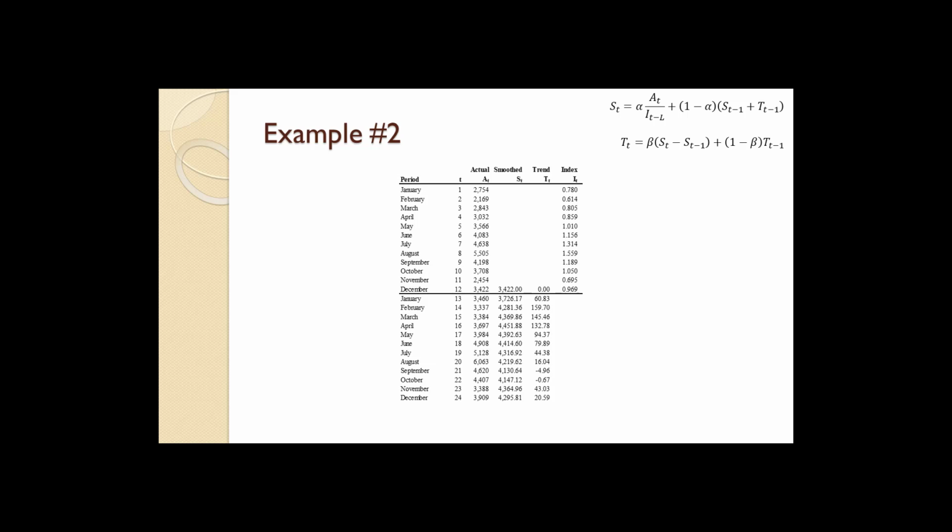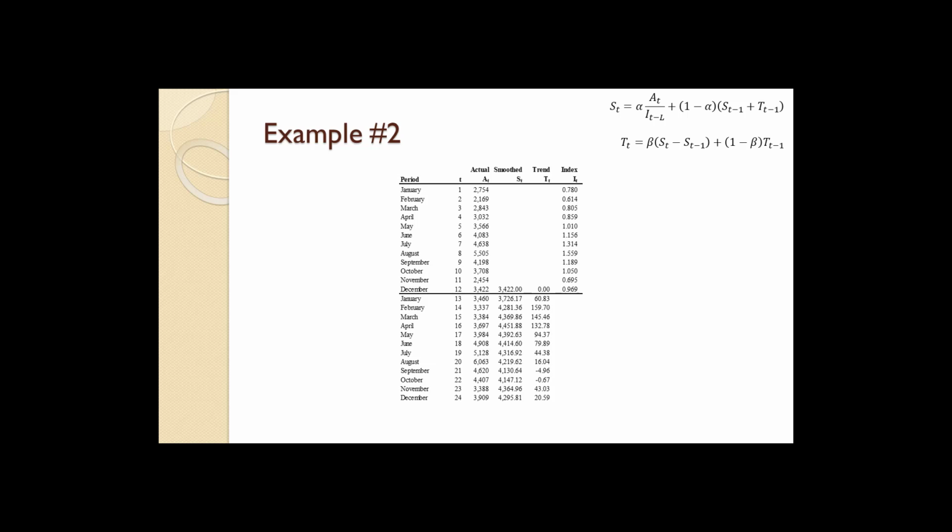S15 equals 0.3 times 3,384 divided by 0.805 plus 1 minus 0.3 times the quantity 4,281.36 plus 159.7 equals 4,369.86. T15 equals 0.2 times 4,369.86 minus 4,281.36 plus 1 minus 0.2 times 159.7 equals 145.46.